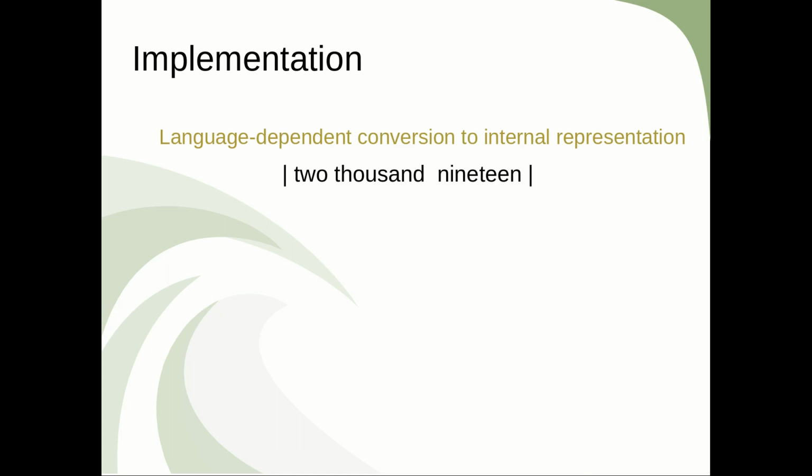Let's consider what language-dependent conversion is. Let us have an example, the word sequence 2019, and here is its internal representation, where 2 is mapped to its digit representation and to a label, meaning the digit position in the number. 1000 is mapped to a label that means word group termination.